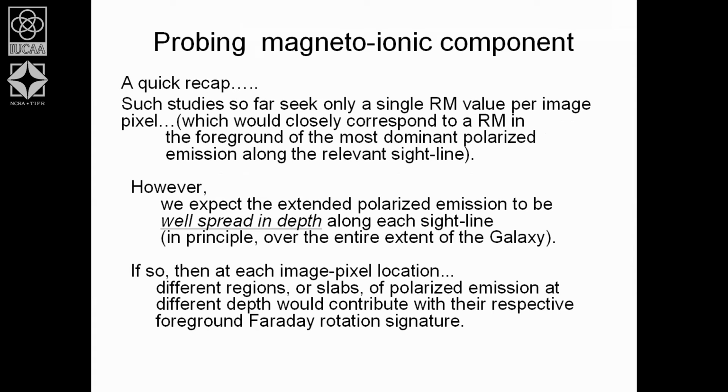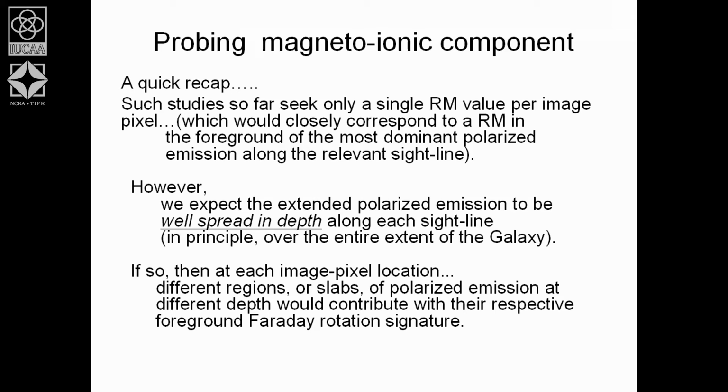And so is the Faraday rotating material. So if you look at each image pixel, you will see different regions and different slabs along the line of sight with different Faraday depth, so to say, amount of rotation, contributing.